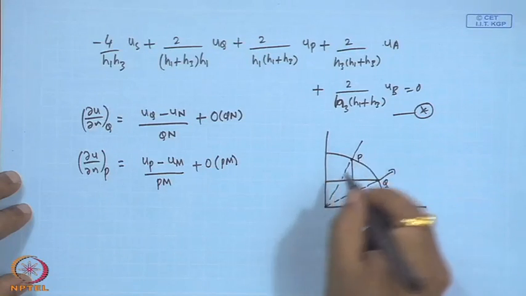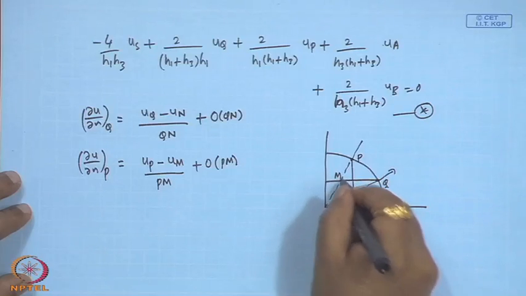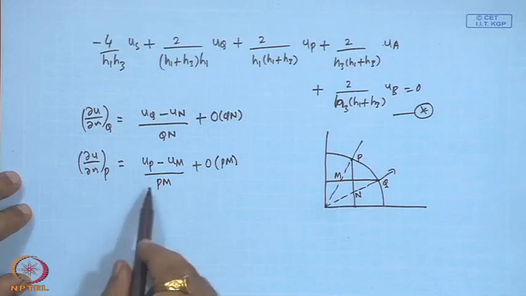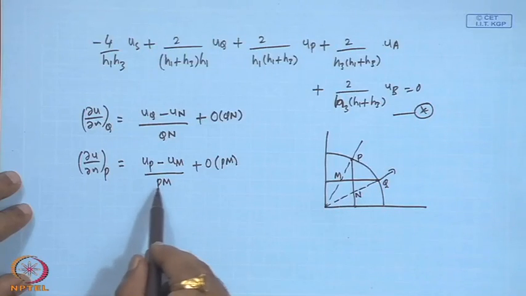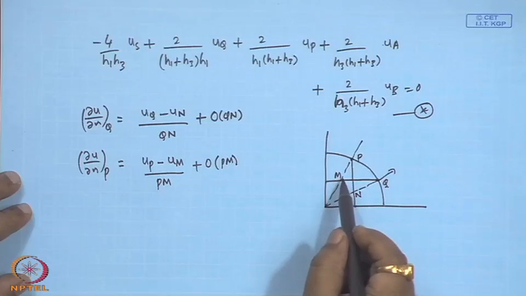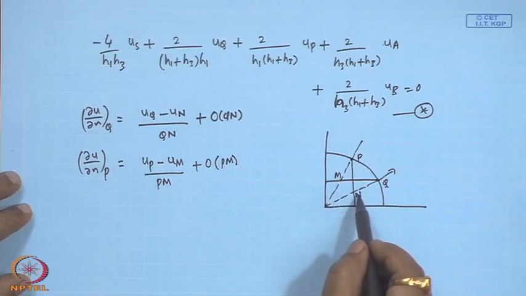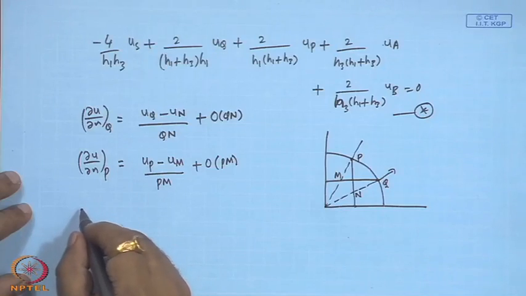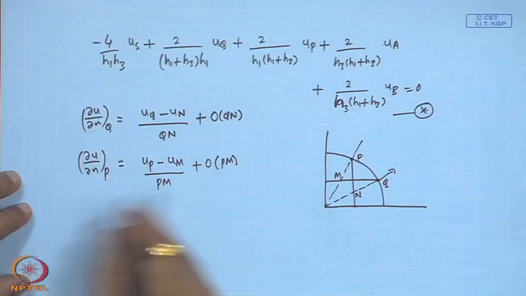So, this is P and this point is M. So, the normal derivative is given. Similarly, one can compute the value u_N as follows.